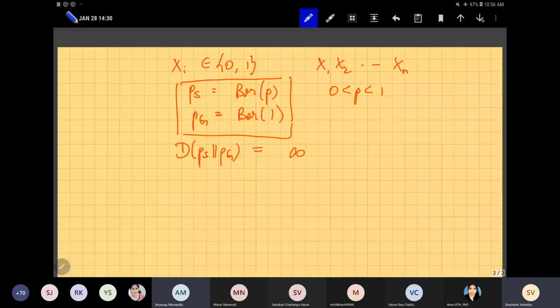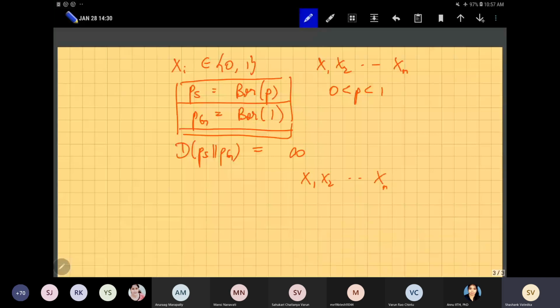Okay, so these are the two distributions. If it is a spam sequence, then you observe Bernoulli P. If it is actually a good sequence, you observe Bernoulli 1. You observe a sequence of length n, and ultimately what you see is a sequence of bits, X1, X2 up to Xn.